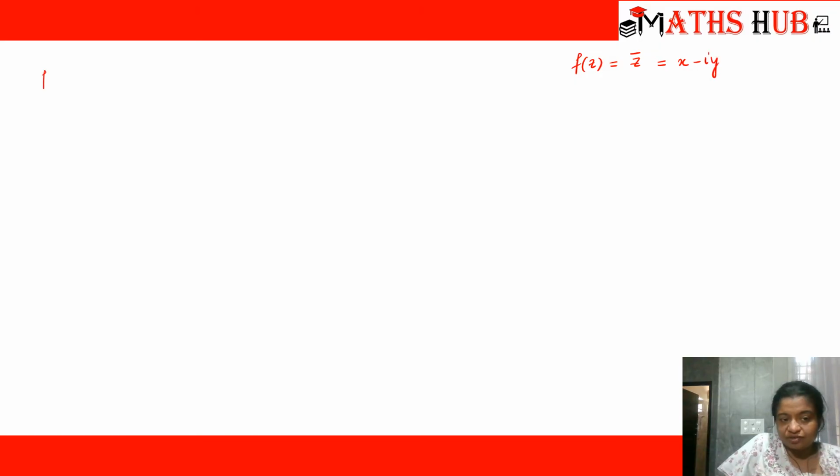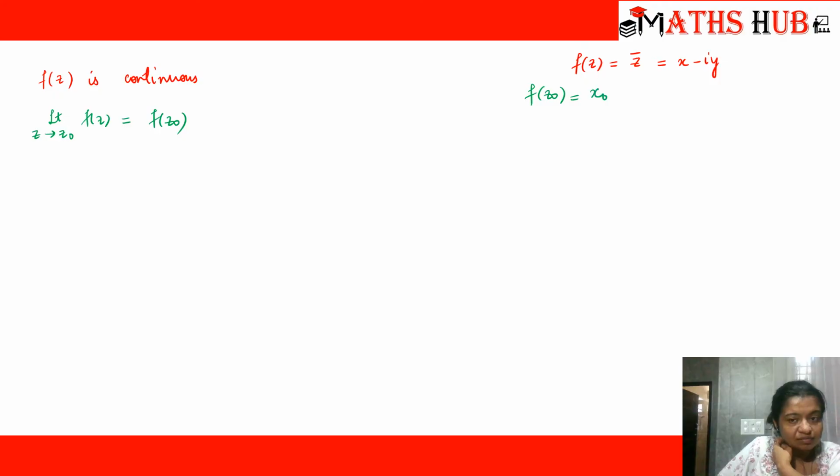So let us check first of all whether f of z is continuous or not, right? So for continuity, we will take any arbitrary point, let limit z approaches z naught f of z. This should be equal to the value of the function at the point z naught. So what is f of z naught? z naught would be x naught minus iota y naught, right?